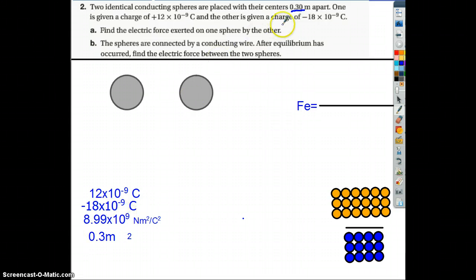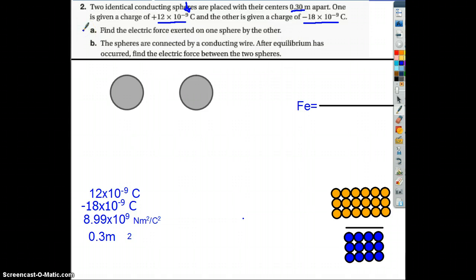So there's our distance. One is given a charge of positive 12 times 10 to the -9th. I know that is improper scientific notation. Don't stress about it. And the other is given a charge of negative 18 times 10 to the negative 9th coulombs. By the way, negative 9th is nanocoulombs, just in case we're talking about interesting units.